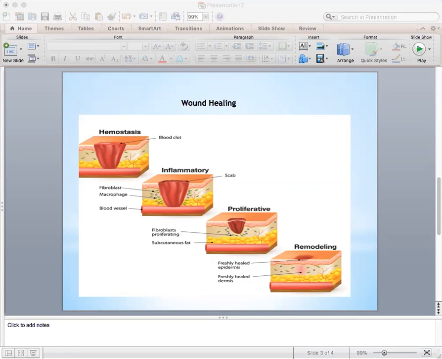The local factors that lead to impaired wound healing are oxygenation and infectious agents. Systemic factors include nutrition, obesity, age, diabetes, and smoking. So we will discuss these factors one by one. First of all, local factors.